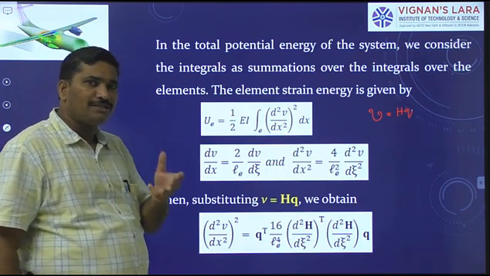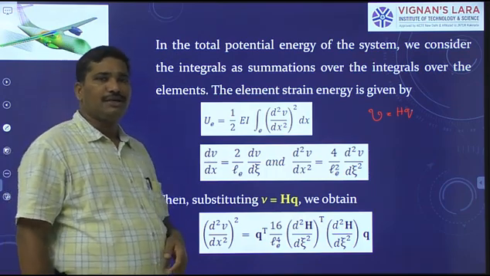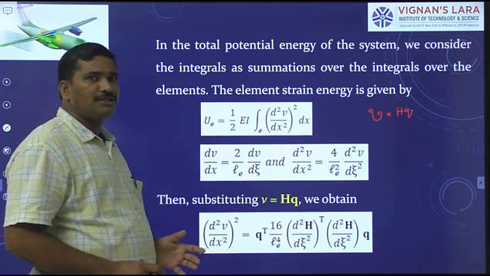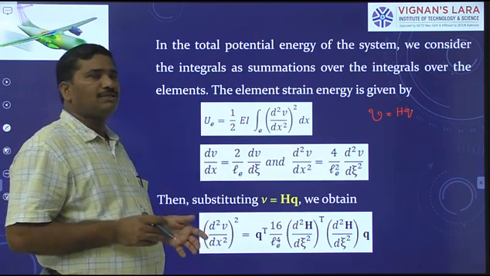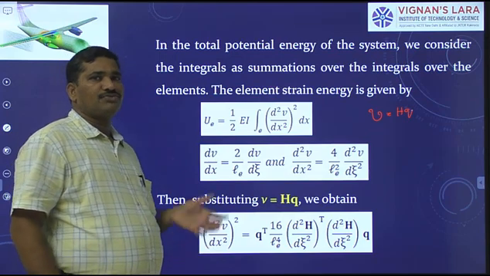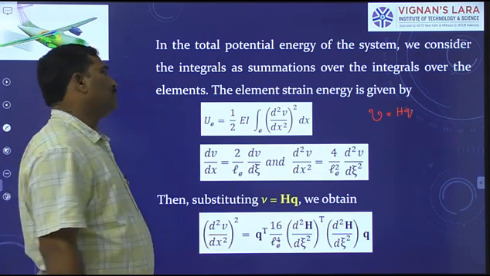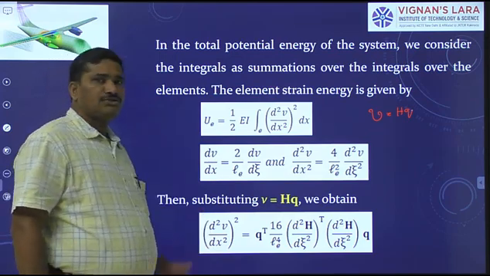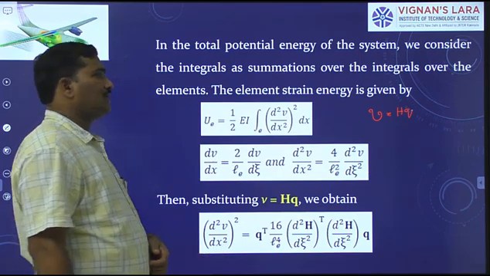What is the potential energy of the beam? The potential energy of the beam is the sum of the strain energy and the work potential.